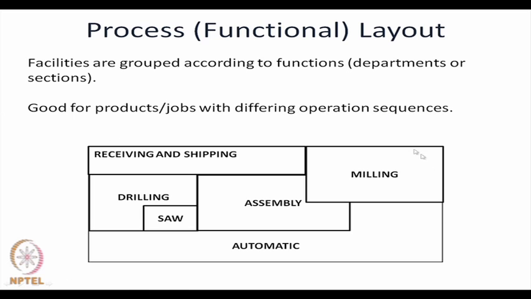Here is an example. All milling machines are put together in one place, all sewing machines, all drilling machines, all automatic machines are separately placed, and a department for receiving and shipping.